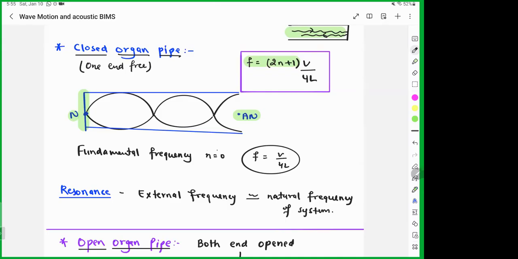If your n value is 0, then f is equal to v by 4L. Why? Because your formula is (2n plus 1) v by 4L. If you want to calculate frequency and keep n value 0, you will get this.